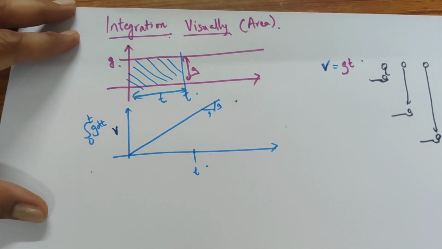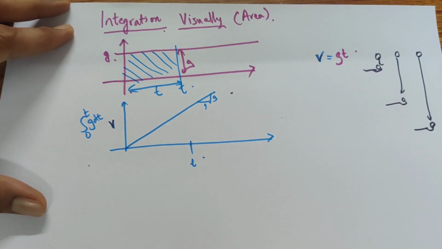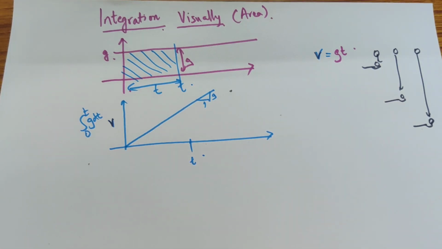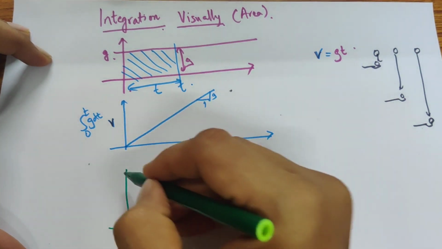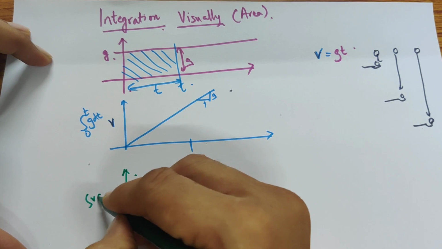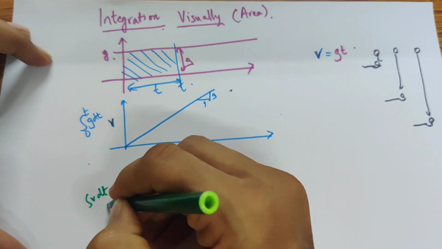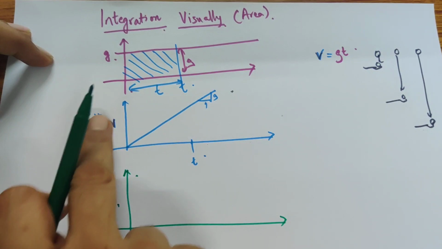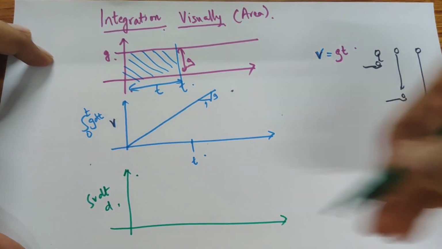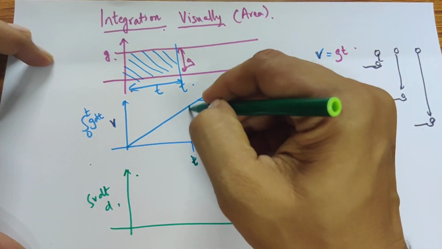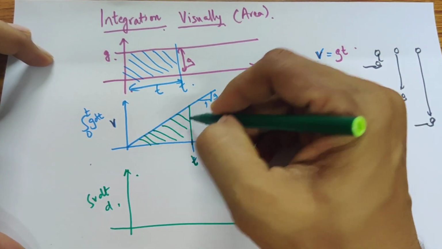This is not true of the distance. For the distance we need one more integral. The integral of velocity is what is going to give me distance. So if you think about it: acceleration, speed, distance. Here I need to take the area up to some point t, which is the area of a triangle.